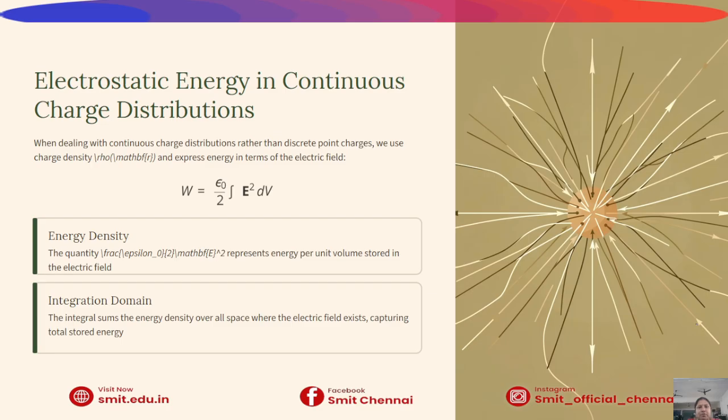The quantity 1/2 ε times the square of the electric field represents the electrostatic energy stored per unit volume. By integrating this energy density over the entire region where the electric field exists, we can determine the total electrostatic energy stored in the system.